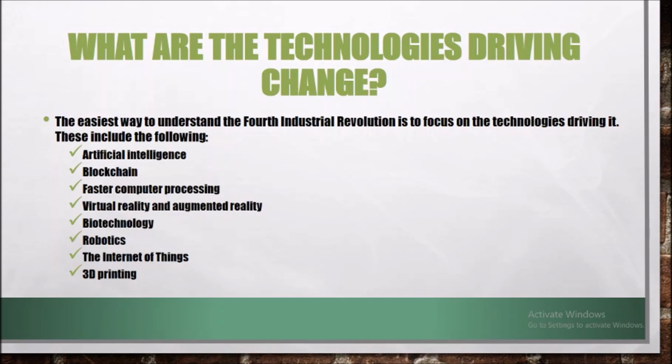So the easiest way to understand the fourth industrial revolution is to focus on the technologies driving it, and these include the following. Number 1, AI, artificial intelligence. We also have blockchain, faster computer processing, virtual reality and augmented reality, biotechnology, robotics, Internet of Things, 3D printing, and many more. These are just few rather.